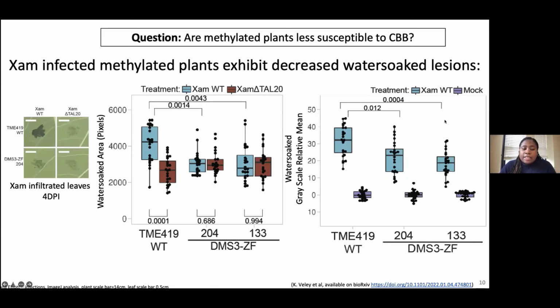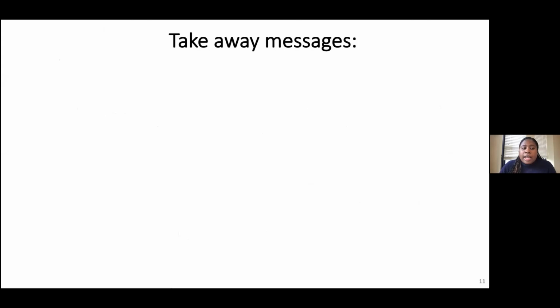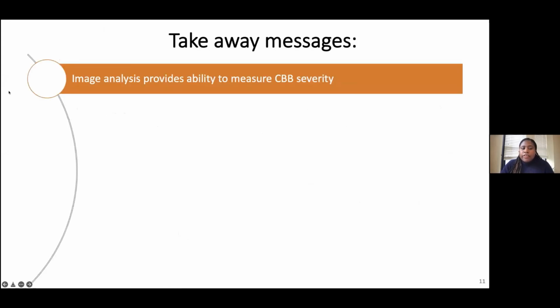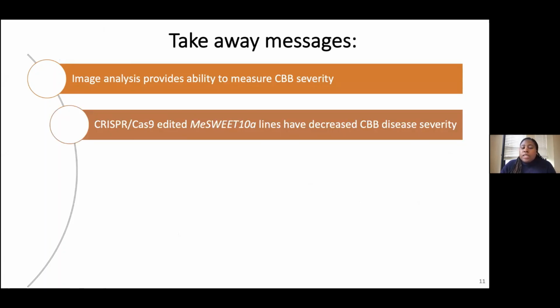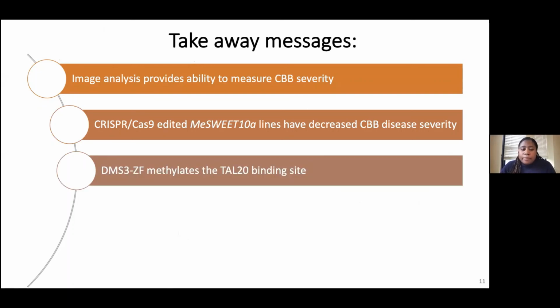Again, this data is available in a preprint that's on bioRxiv now. I'd like to wrap up my talk with a couple of take-home messages. First, we have these two nice methods that we're using to measure cassava bacterial blight severity. Using this method, we've been able to show that two MeSWT lines have decreased severity.